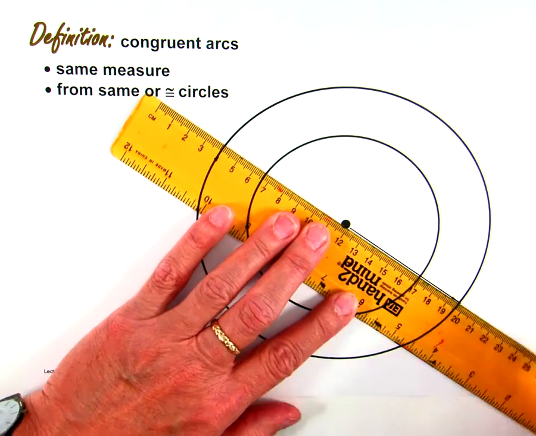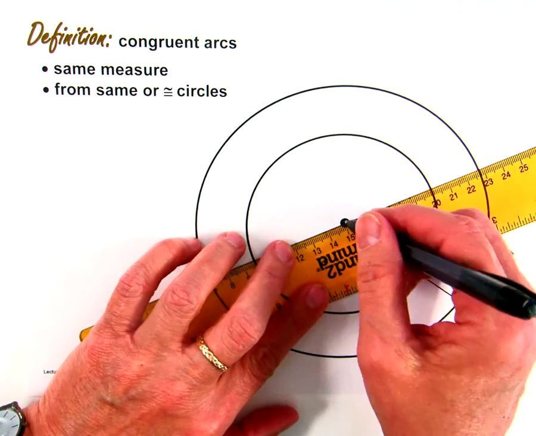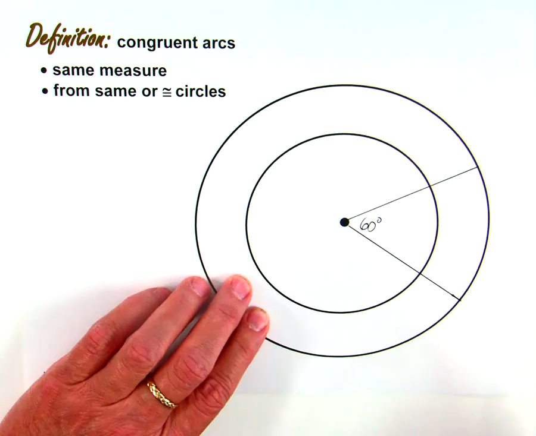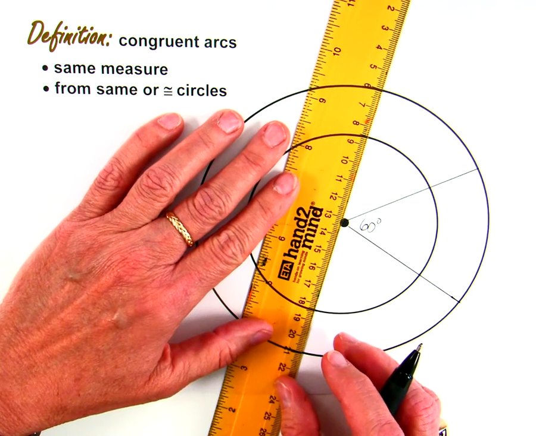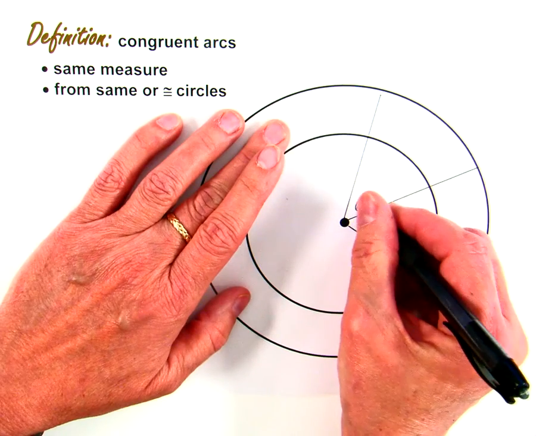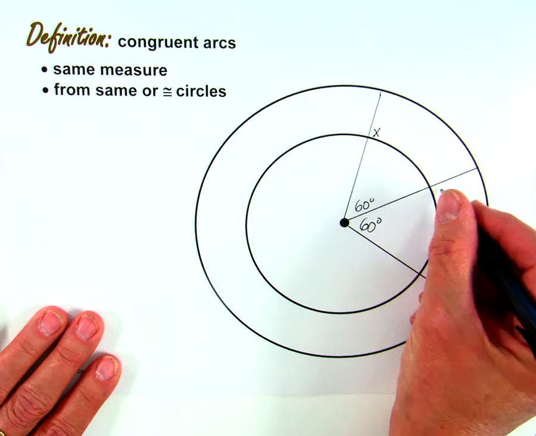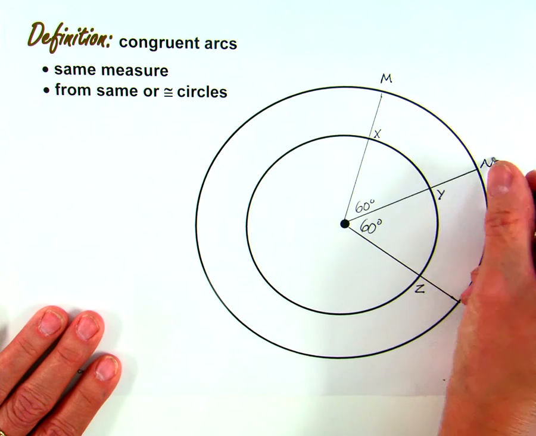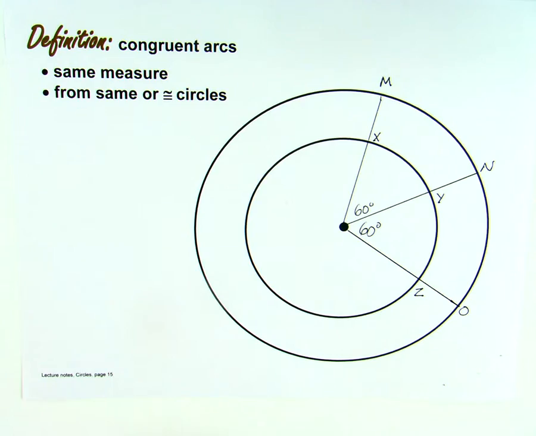So if we have, let's see, about a 60-degree angle, we'll pretend it is. And then if I draw another 60-degree angle, about the same. I'll create a bunch of arcs here. I'll go ahead and label them X, Y, and Z, M, N, and O. So let's look for a moment at the arc XY.